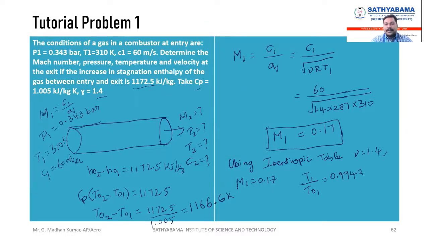Now you know the value of T1, right? So T1 is 310. And what is your T01 now? So T01 is equal to 310 divided by 0.994. Okay. So tell me the answer of T01. What is your T01 now?